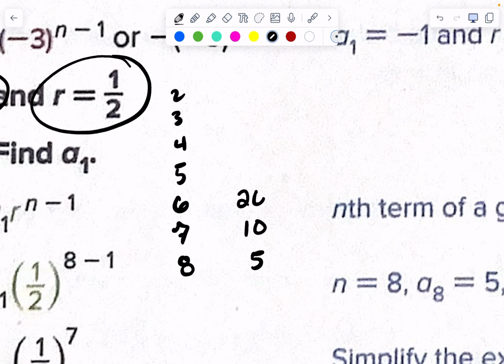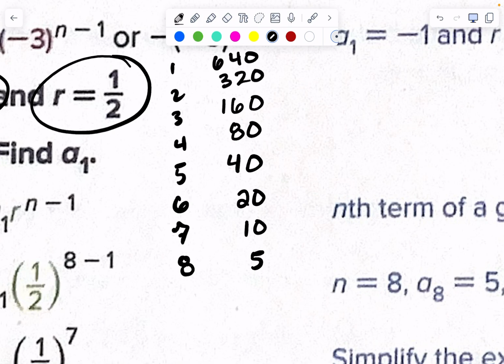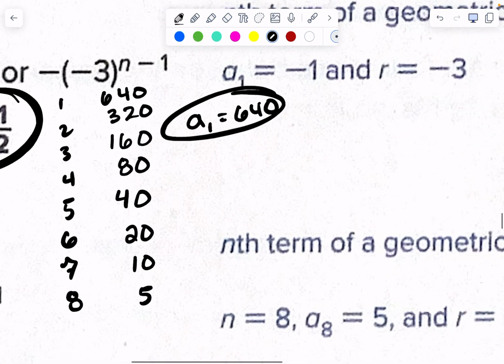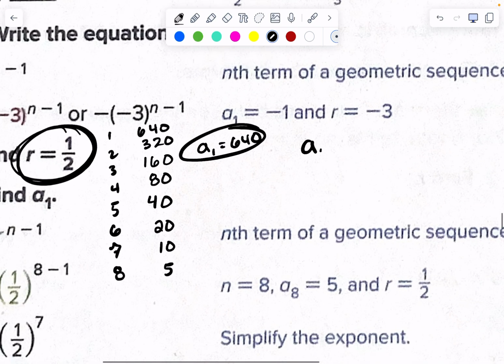10. This is 20. This is 40. This is 80. Okay, what's the first term? So A sub 1 is 640. And R is 1/2. So for recursive, I've got A sub n equals 1/2 times the one right before it, and A sub 1 equals 640.